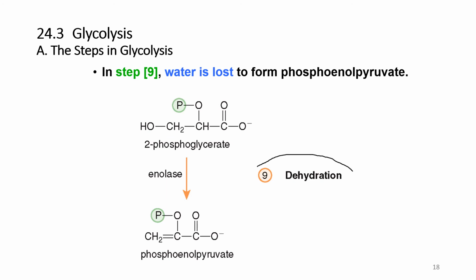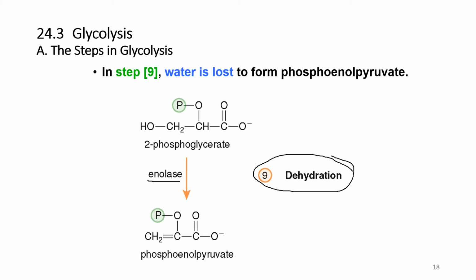Step 9 is a dehydration reaction, and this is catalyzed by the enzyme called enolase. So 2-phosphoglycerate is dehydrated to phosphoenolpyruvate, or PEP.